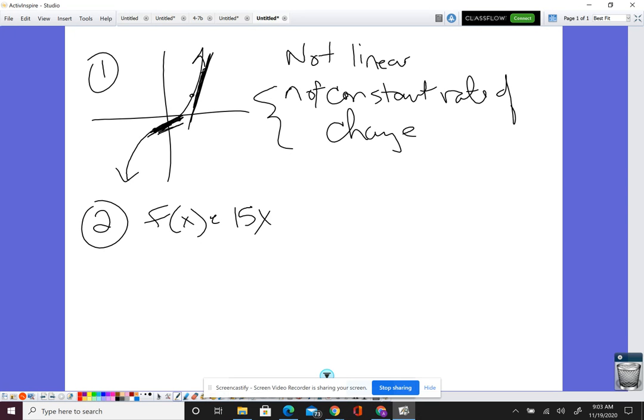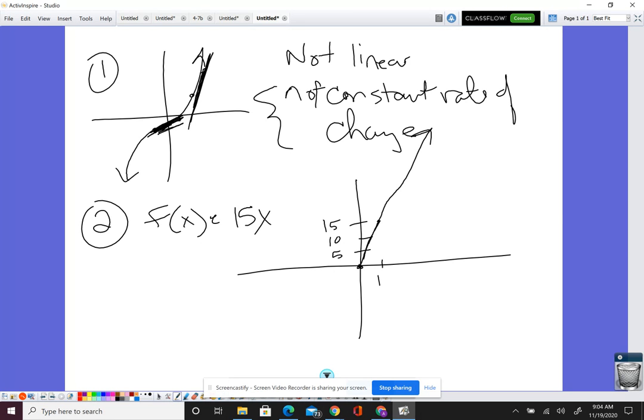So they give you this function in number 2. It says a jogger pays $15 a month for a membership into a jogging club. They give you the equation, graph the function, what's the domain and range. On this one, they want to see the scale of your graph, and they want to see that the domain is x values greater than or equal to 0, because we're not going to talk about a negative number of months.